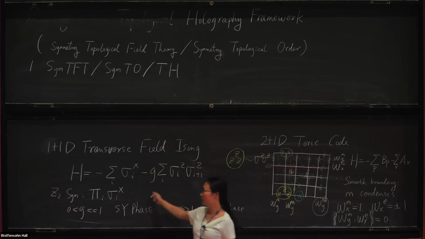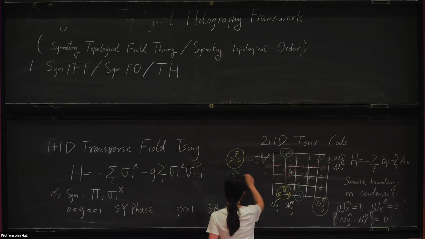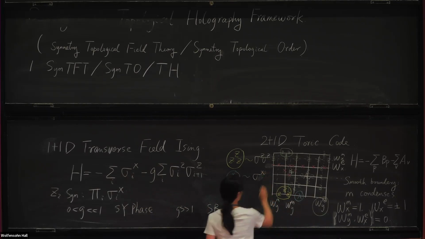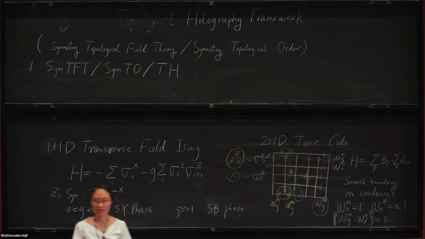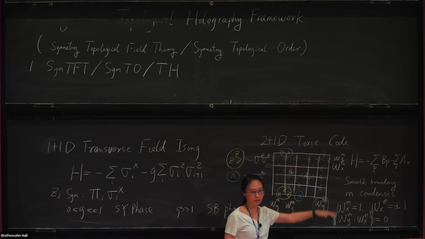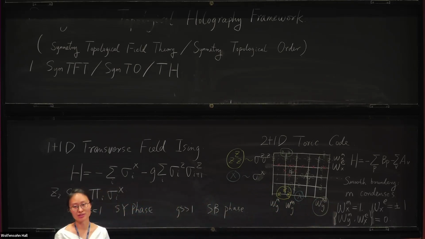So from the analogy of the Ising chain, we can very easily guess that the single X becomes equivalent with a single sigma X. And we can check that the product of a whole string of this X operator reproduces the Z2 symmetry operator up to bulk terms. So this is how the operators correspond between the two sides.